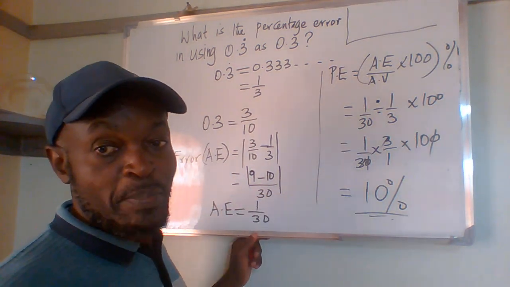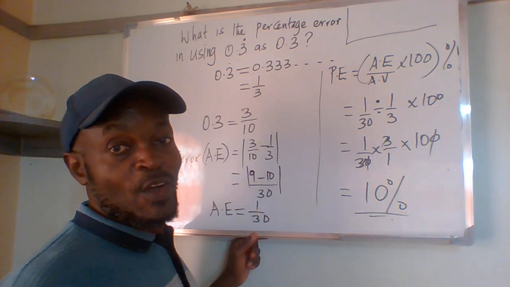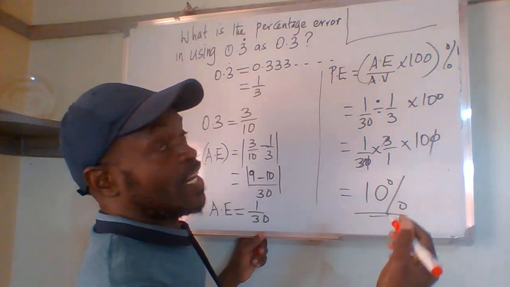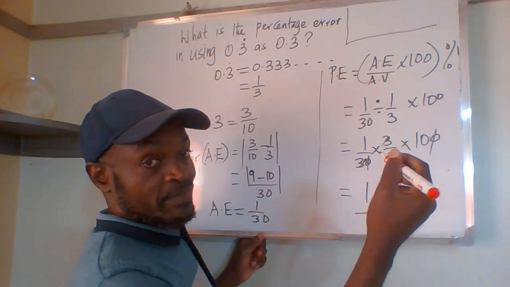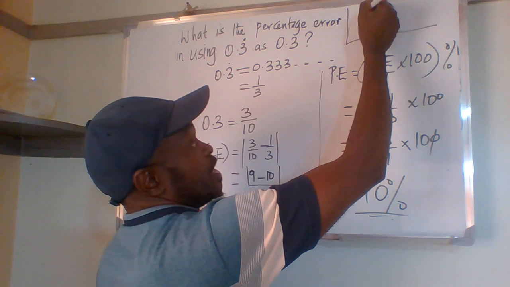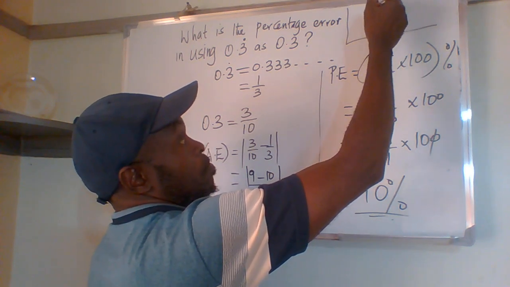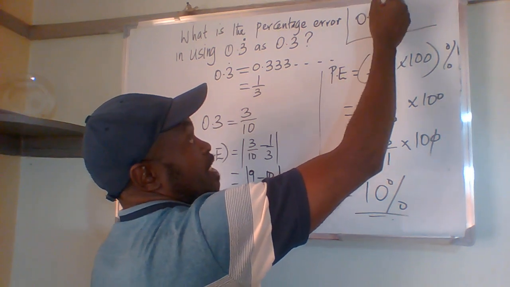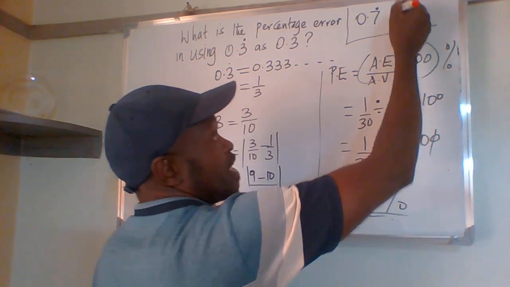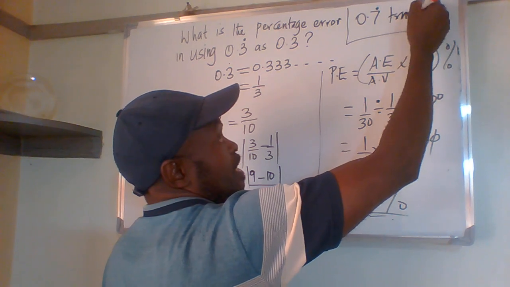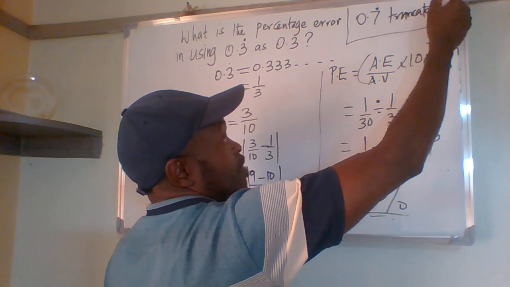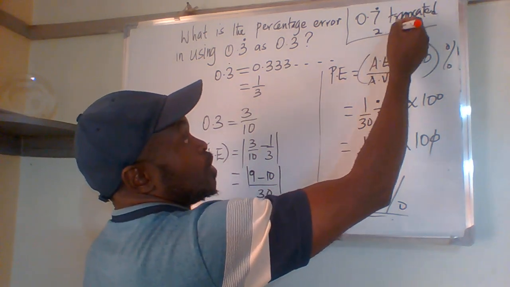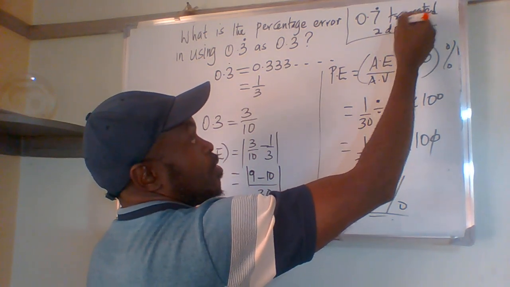What is the percentage error of using 0.7 recurring truncated to 2 decimal places?